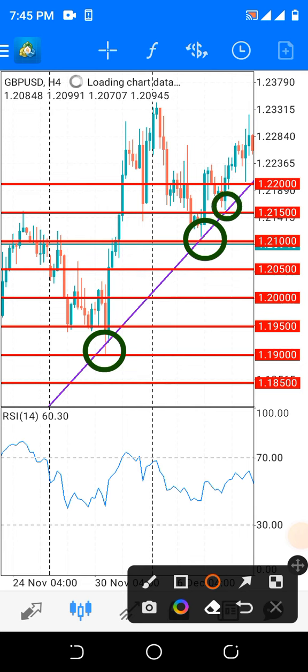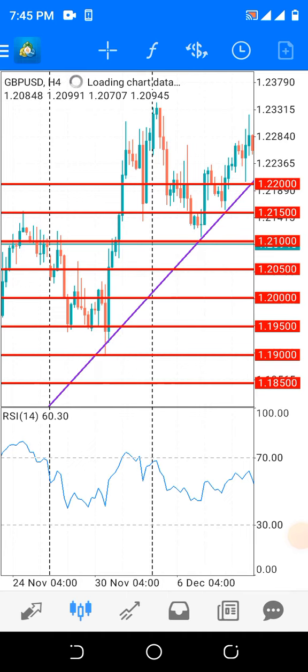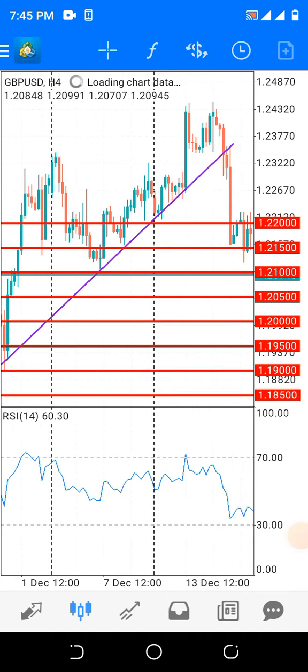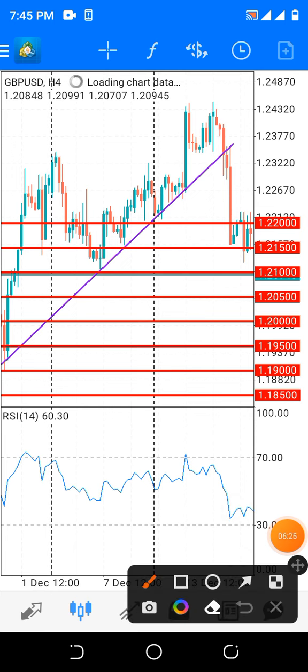Look at another price obeying psychological level and trend line. Are you seeing it? Look at this one, see how price obeys the trend line and the psychological level.